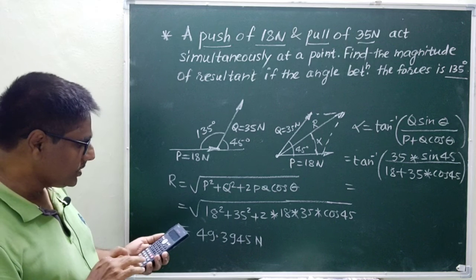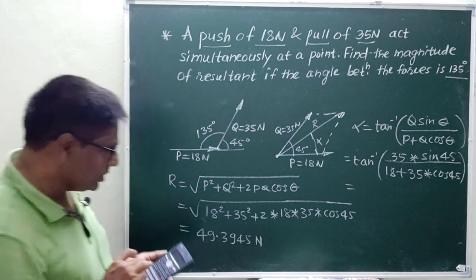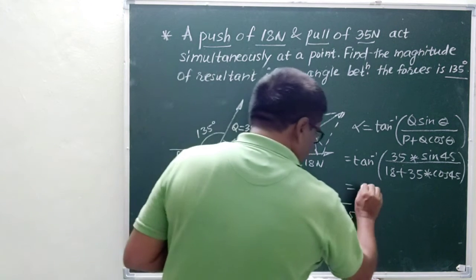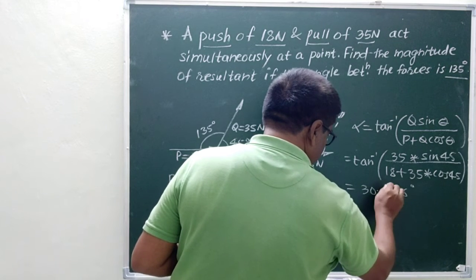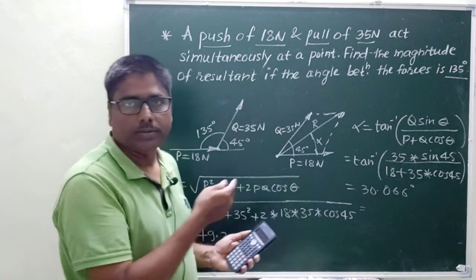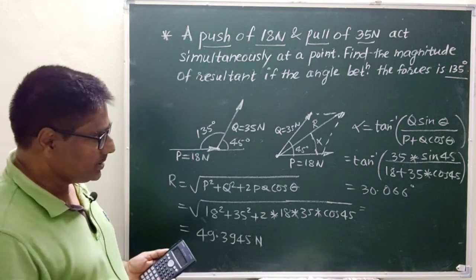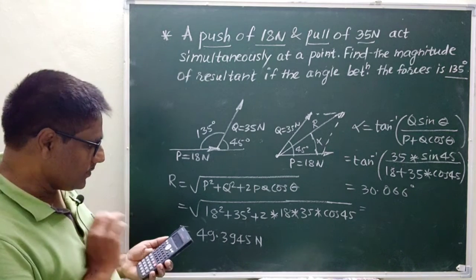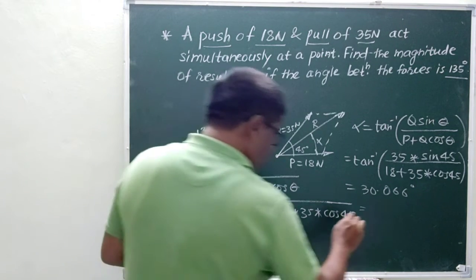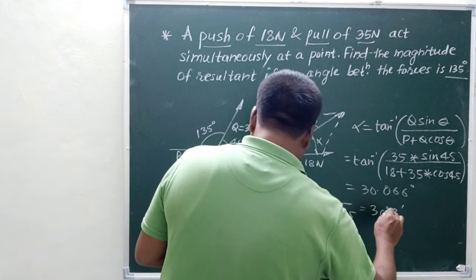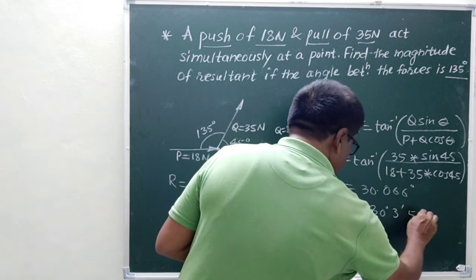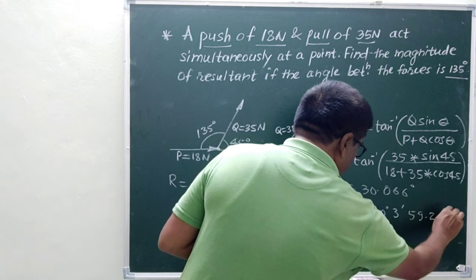Tan inverse answer is equal to 30.066 degrees. If you want to write it in details, 30 degree 3 minutes 59.29 seconds.